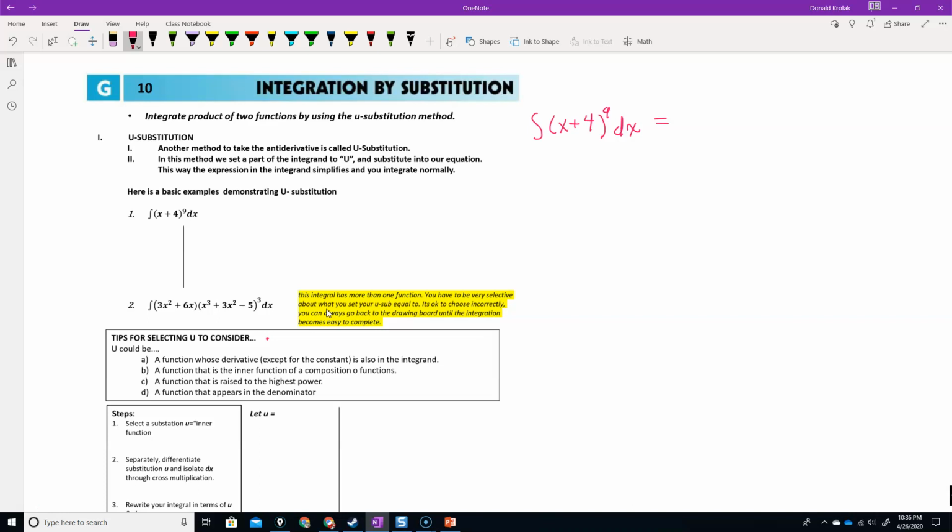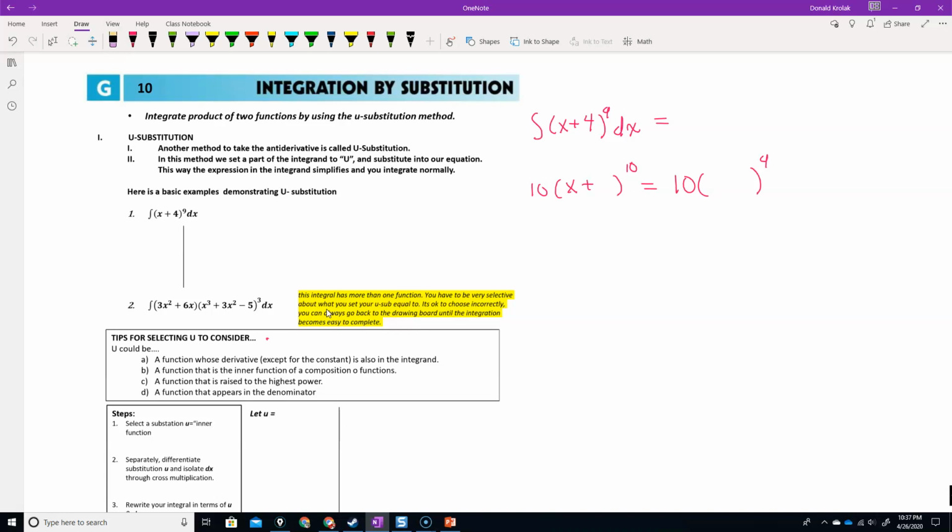Well, we knew it would have to be this function to at least the 10th power, because when we take the derivative of that, our derivative would be 10 times whatever that function was to the ninth. But we want it to be just, in this case, x plus 4.